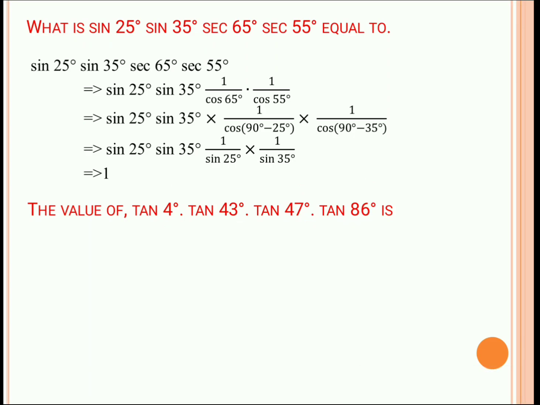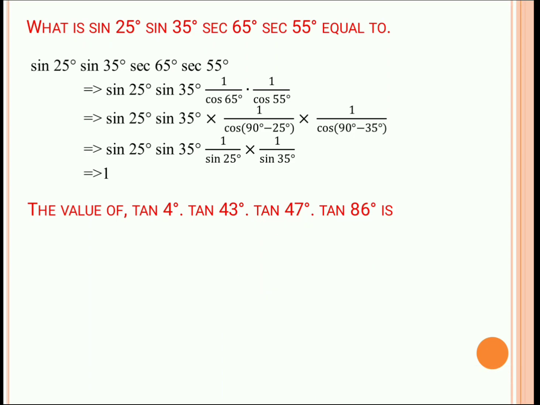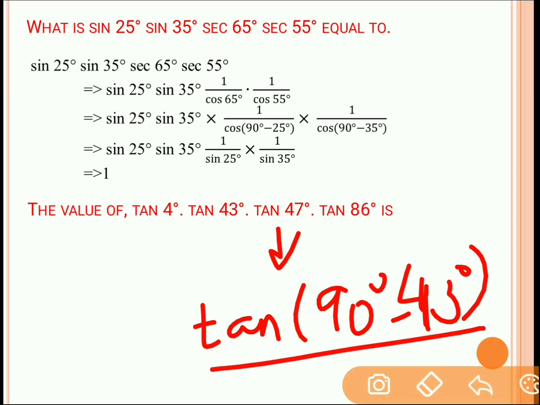So we need to use the complementary property. Tan 47 can be written as tan (90 minus 43). Now tan (90 minus 43) is equal to cot 43.